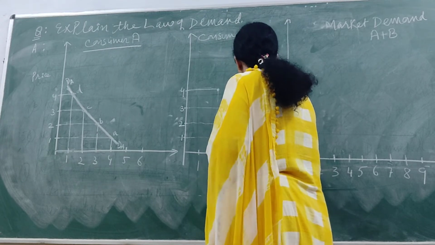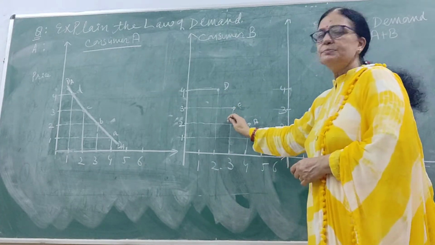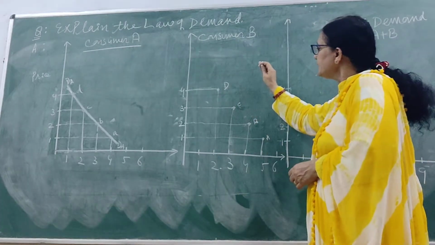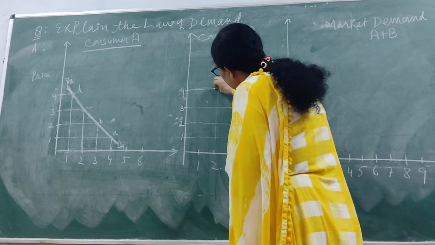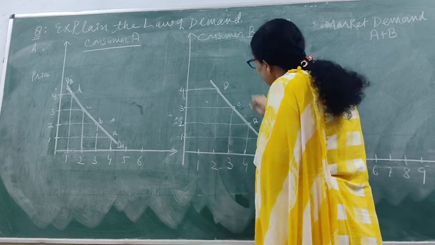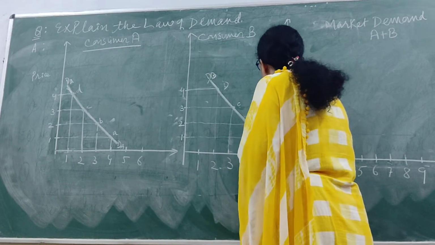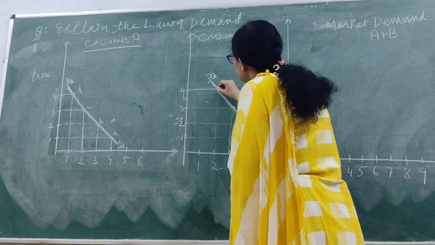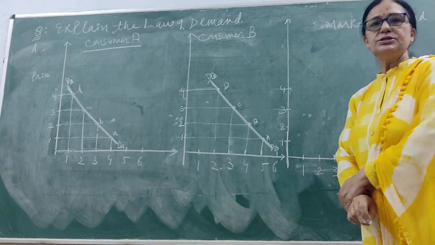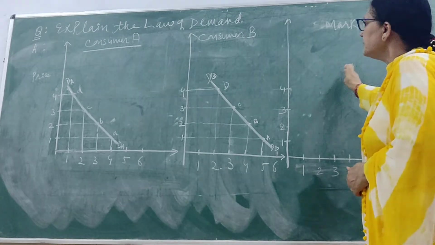So this is A, B, C and D. Here we have simply to plot the schedule of consumer B. So by joining these points you get the demand curve of consumer B. Right? Now coming to the third, this is the market demand curve.